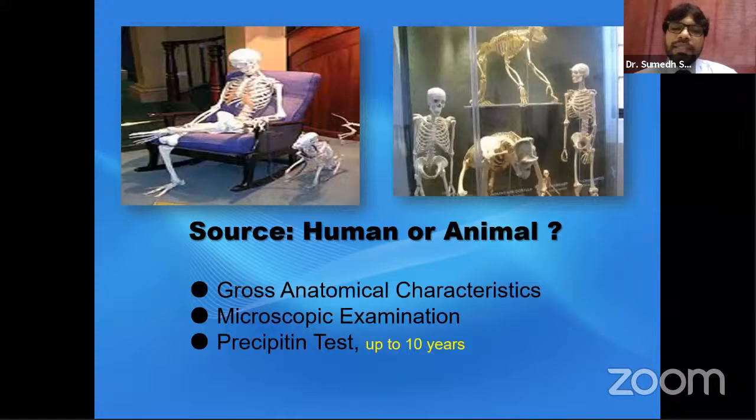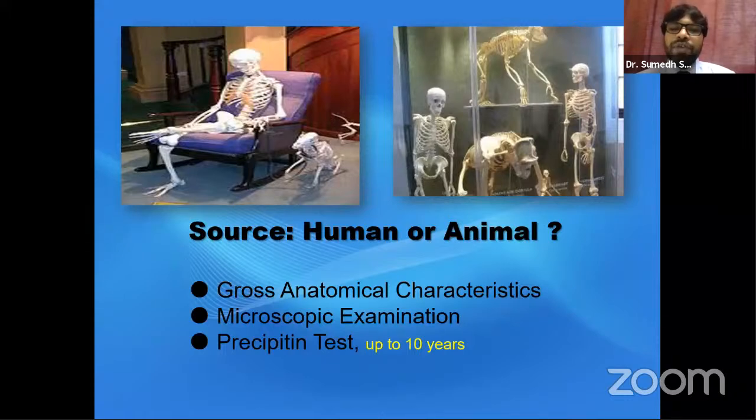This is identified mainly on gross anatomical characteristics, because the human being has an erect posture, so the skeleton is modified or adapted in a different sense. If you see the femur, or the pelvis, or the skull bones, they are differentiated as compared to other animal species. So these are the gross anatomical characteristics.